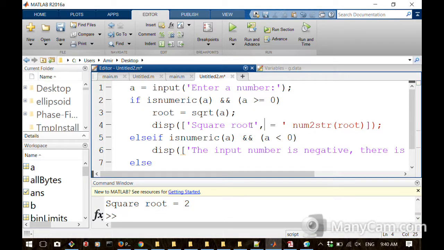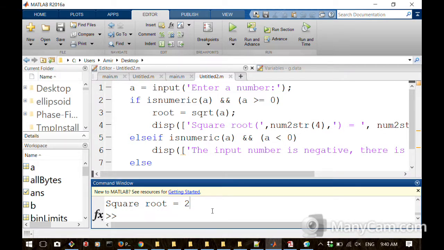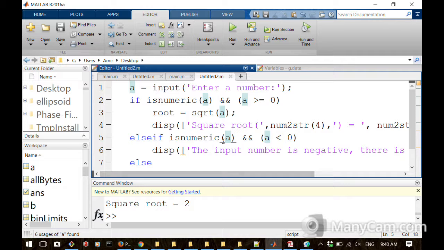So the way to do this is to add num2str(4). Okay, so now it should work. Now it should give me the square root of 4 equals.